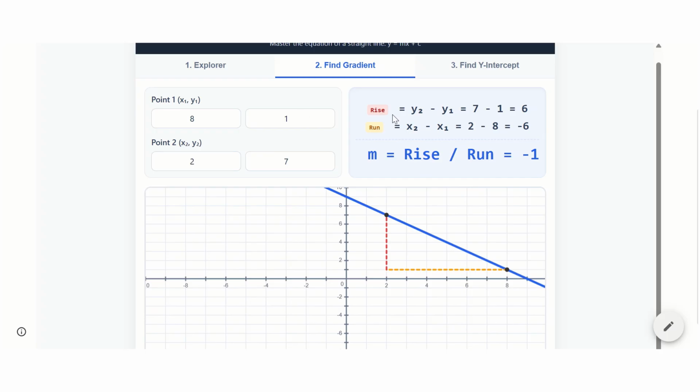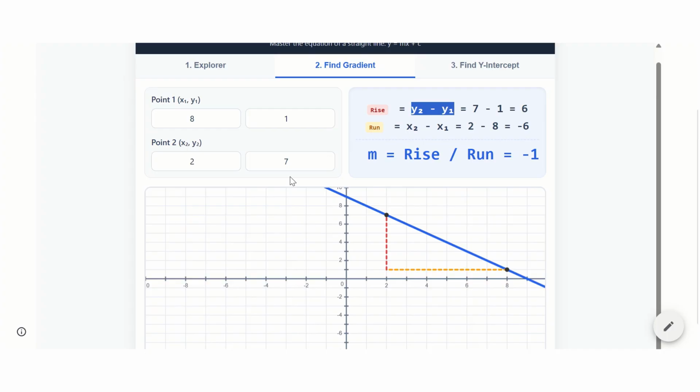Otherwise, you can just use the formula here. You take the y coordinate of the second point minus the first point, and the x coordinate of the second point minus the first point, and take 6 divided by -6. You will get the same answer.